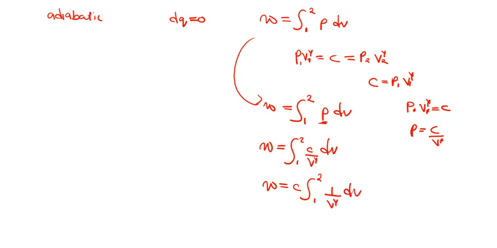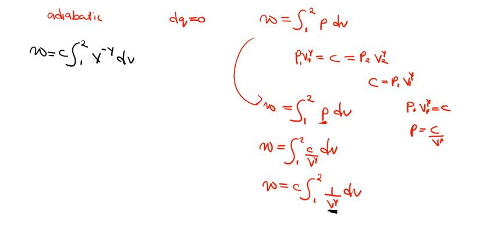So work will be given as constant times the integral from 1 to 2, and since it is over v to the gamma, I can write this as v to the power minus gamma, then dv.